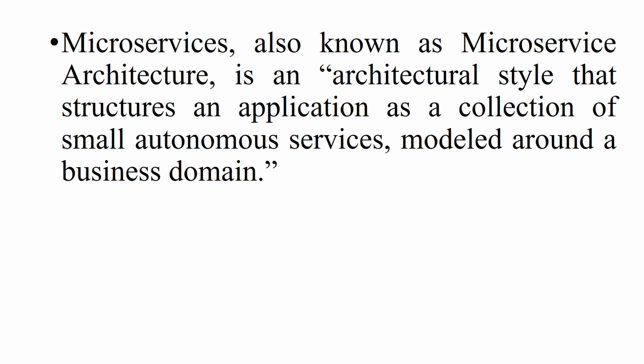Microservices, also known as microservice architecture, is an architectural style that structures an application as a collection of small autonomous services which you model around the business domain. While microservices and service-oriented architecture are similar in some ways, there are basically four types of services.